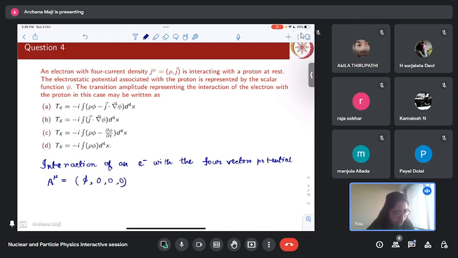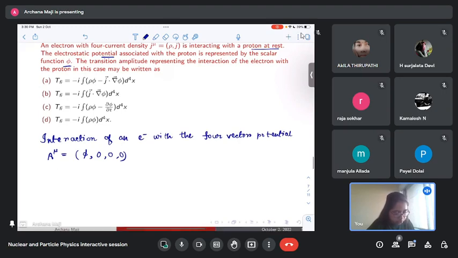Why? Because the proton is at rest. Only the electrostatic potential is non-zero. Okay, we need to find out the transition amplitude. So the transition amplitude is defined as minus I psi f dagger v d4x.